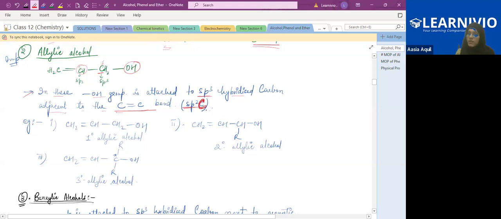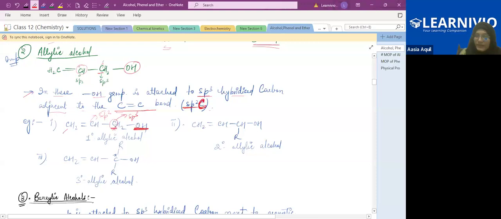Example you can write down: CH2=CH-CH2OH. The OH is attached to this carbon, which is sp3 hybridized, and this sp3 hybridized carbon is further attached to the carbon-carbon double bond, which is sp2 hybridized carbon. So this is known as allylic alcohol. Which type of allylic alcohol is it, primary, secondary, or tertiary? Similarly, we will decide that. The hydroxyl group is attached to this carbon, right?